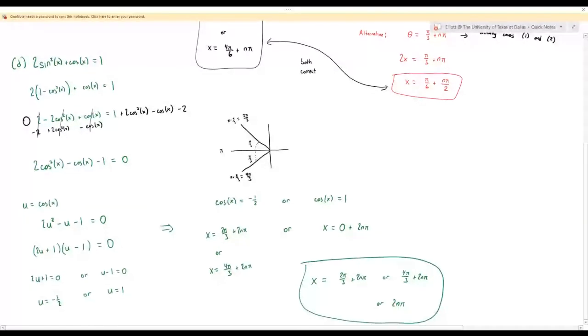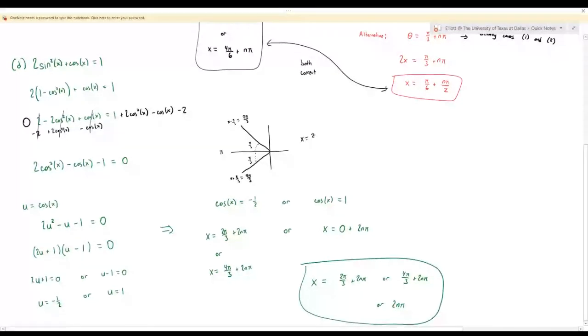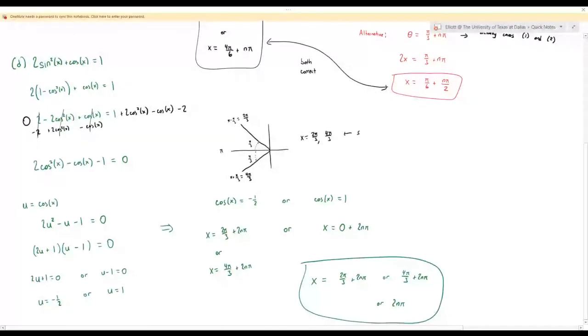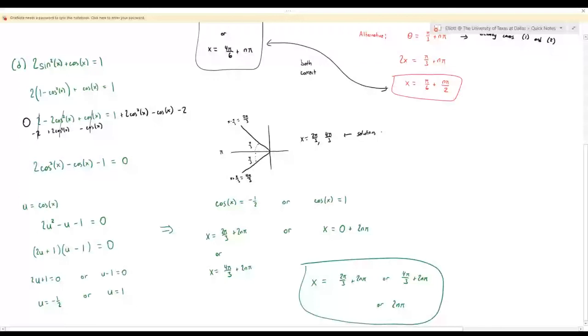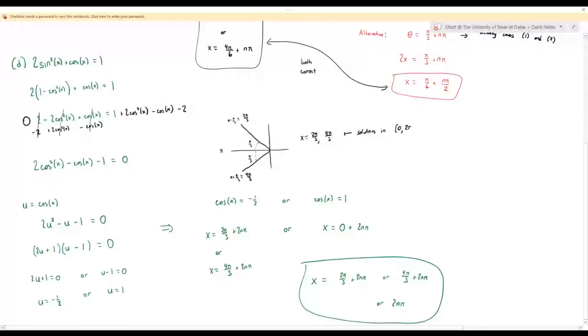The reason why I picked these two in particular is because I was thinking about finding the solutions between 0 and 2 pi first. Because once you get all the solutions in this interval, to get all the other solutions, you would add 2n pi to correspond to going around the circle more than once, okay? Got it. All right, great.